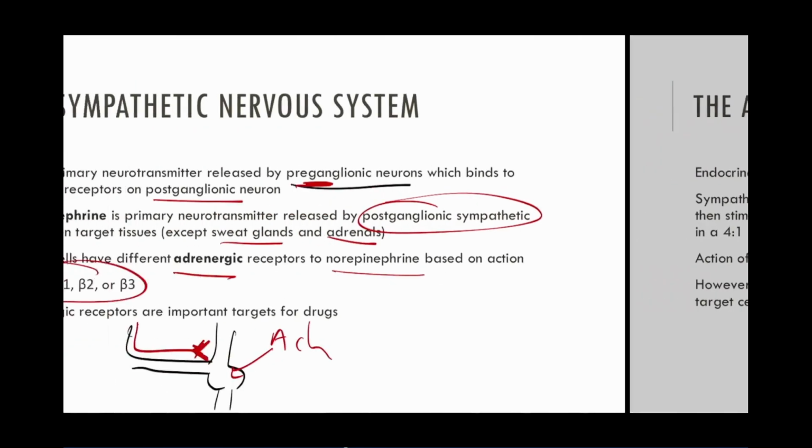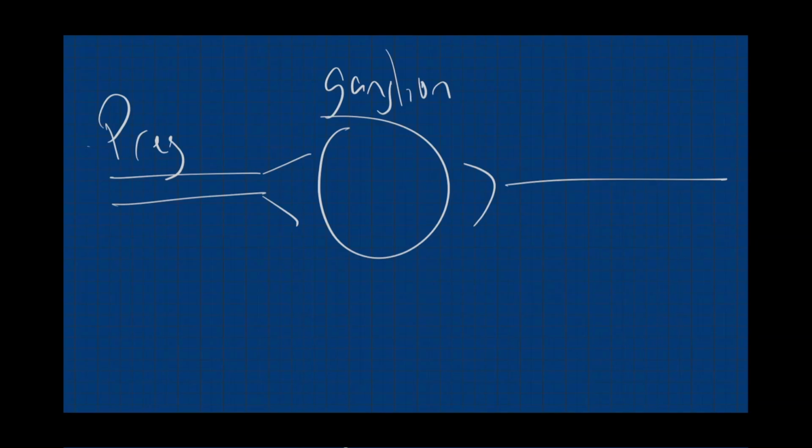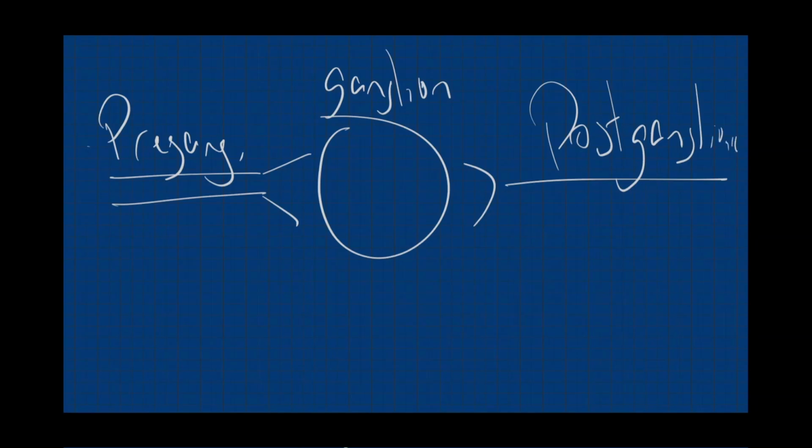Do I have a picture? No, I don't. Let me draw a new one here. Okay, so this, pregang, postganglionic. Okay, acetylcholine, nicotinic.